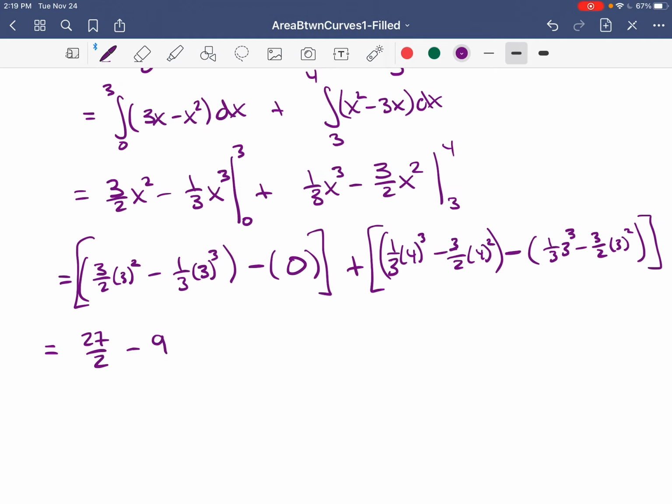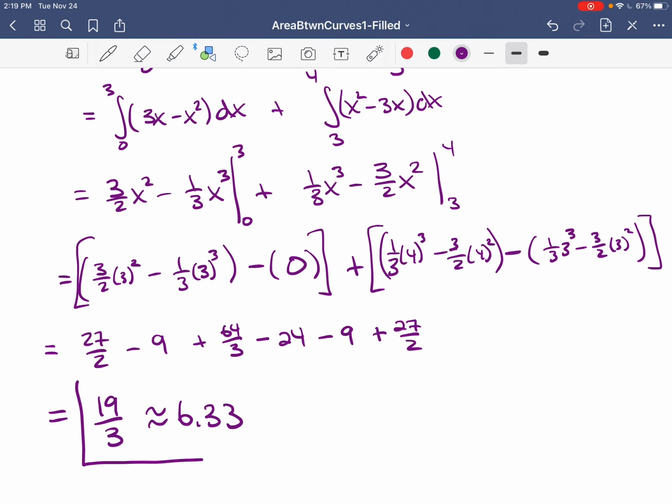Okay, the 0 goes away. And then I have plus 64 over 3 minus 24 minus 9 plus 27 over 2. And if you simplify all of that, you should get 19 over 3, which is approximately 6.33.